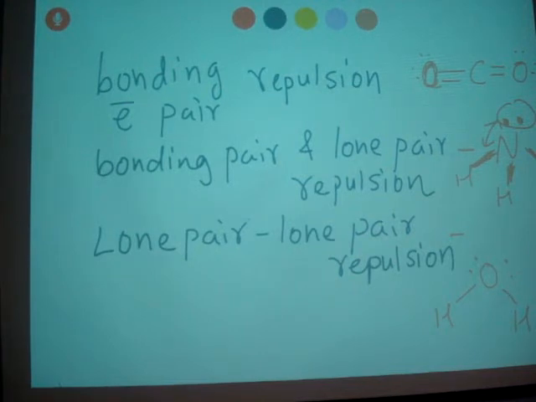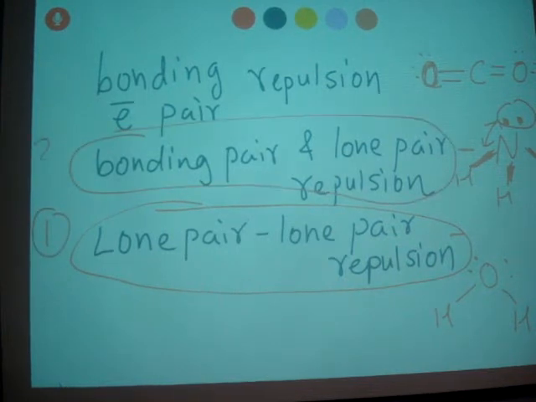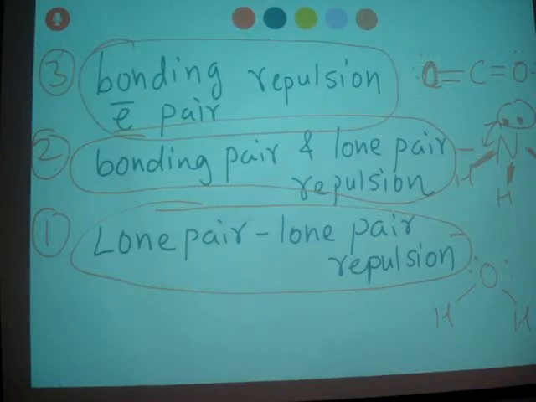So the first one is the highest, then this one, and then this one. There is repulsion between those pairs of electrons, but this one is the greatest, then this one and this one.